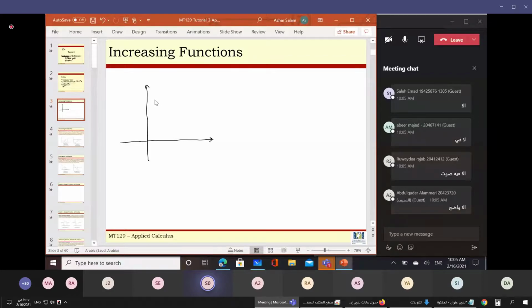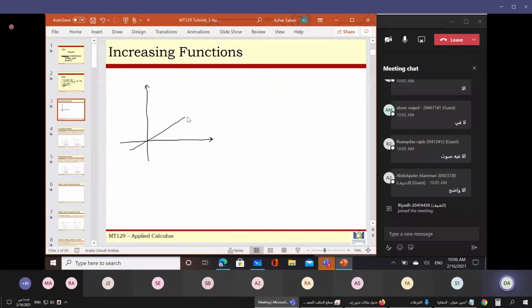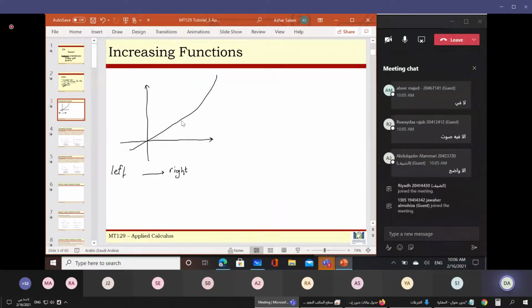Okay, about the increasing functions. If we have a function like that, it's not a line, it's a curve, going like that. If I move from left to right, this is my direction to move. I move here on the function from left to right. I notice that the values of this function are going up like that, right?